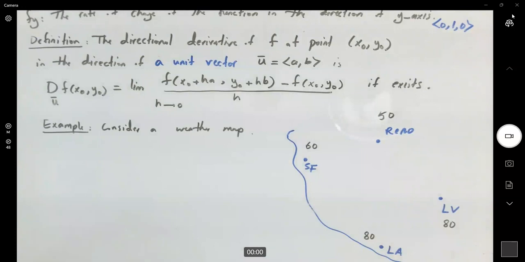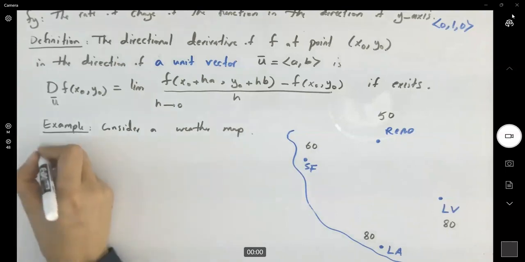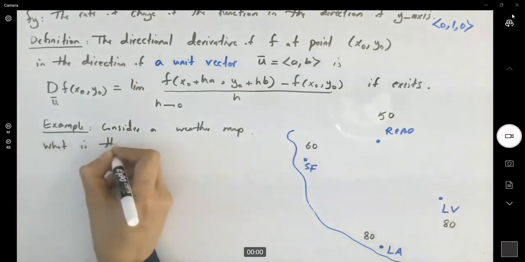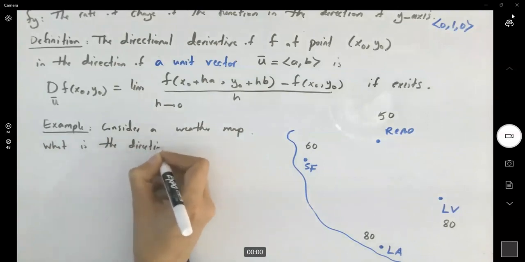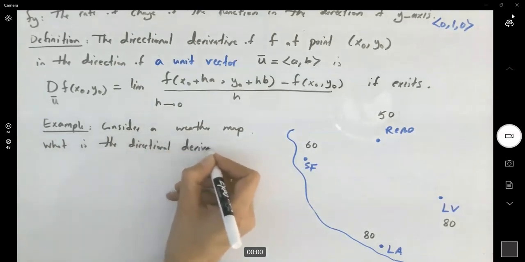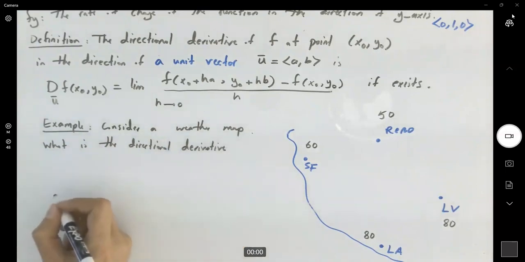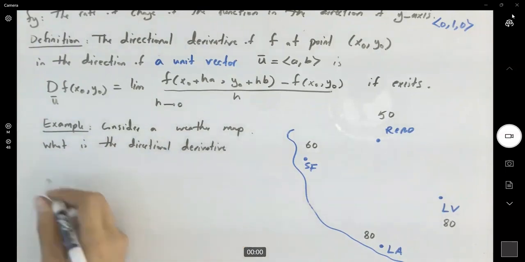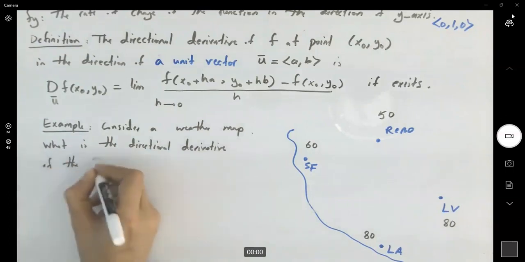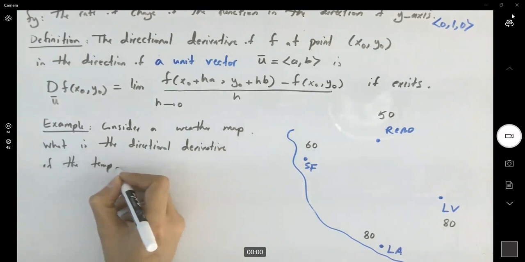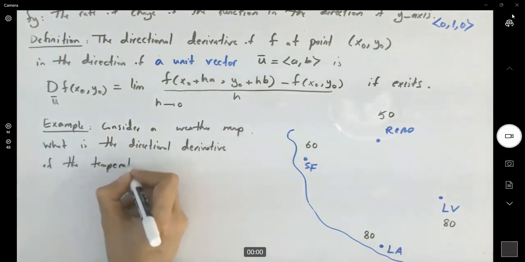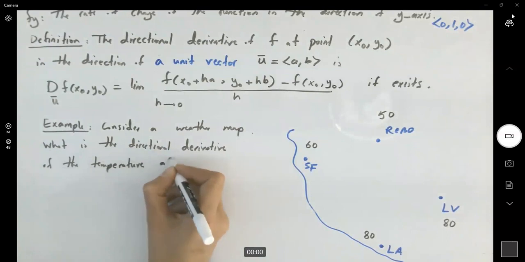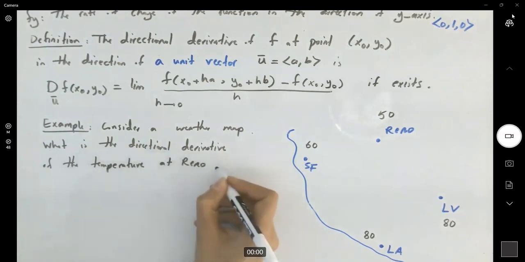Okay. We want to know for this weather map, what is the value of the directional derivative? In what direction? Of temperature at Reno, what direction?